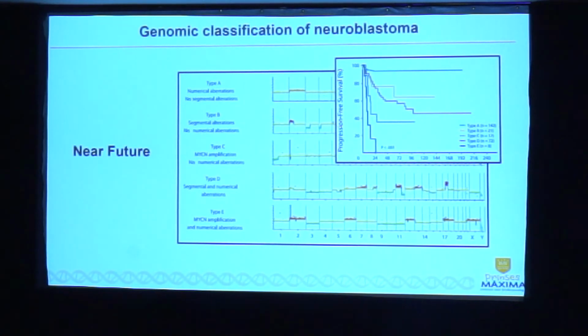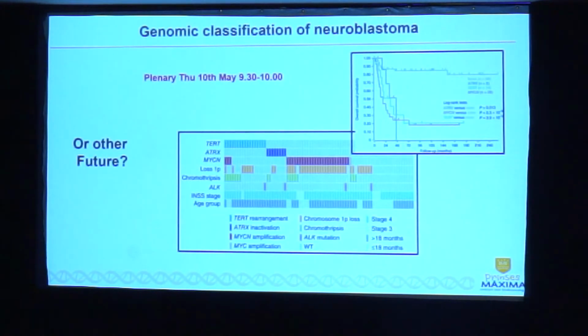This is one future, but there are, of course, always other futures, which will be presented this Thursday on the plenary session. I think 2 or 3 talks about that, where we and others have identified the aberrations in telomere lengthening by TERT, ATRX, and then MYCN, which is transcription upregulating TERT. And you can see that these are more or less mutually exclusive, at least TERT and ATRX, MYCN some overlap.